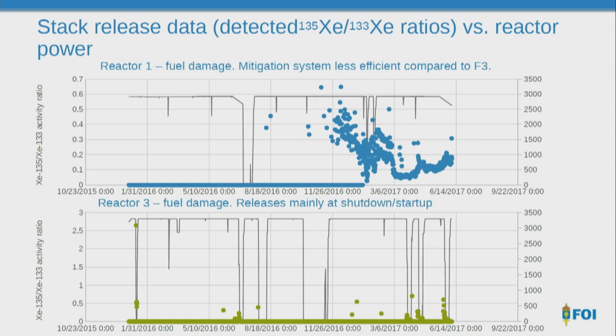You can see clearly that the detectable ratios of 135 to 133 correlate very well with startup and shutdowns in the reactor system, which is pretty interesting, I think. The reason it's not here is because the delay line was not working so well, so they released all the time. But this reactor actually has more damaged fuel than this one.